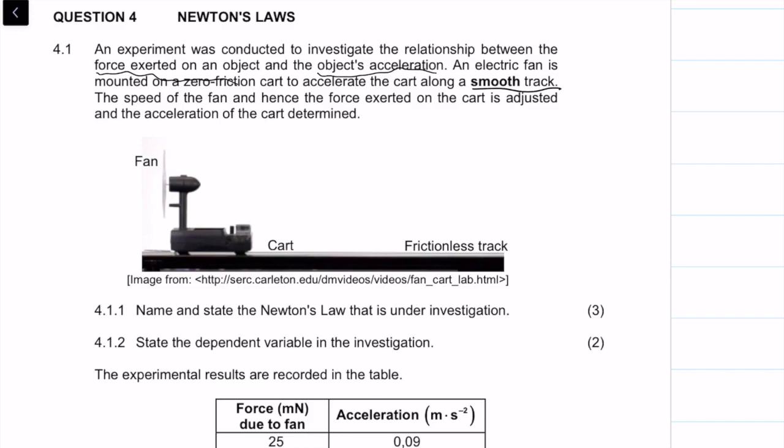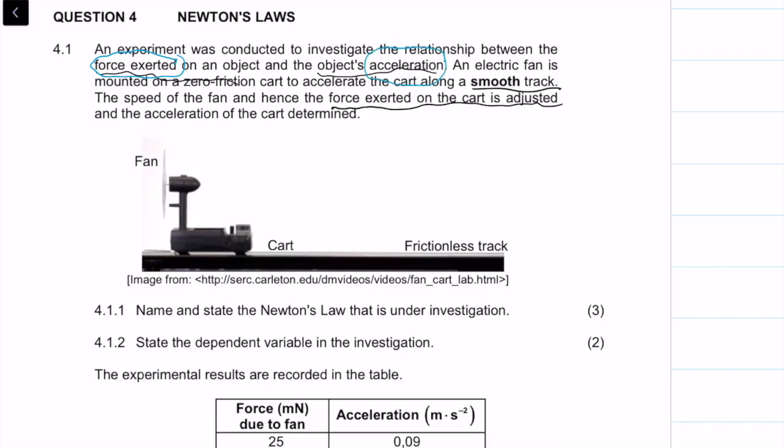The speed of the fan and hence the force exerted is adjusted and the acceleration of the cart determined. Okay, cool stuff.